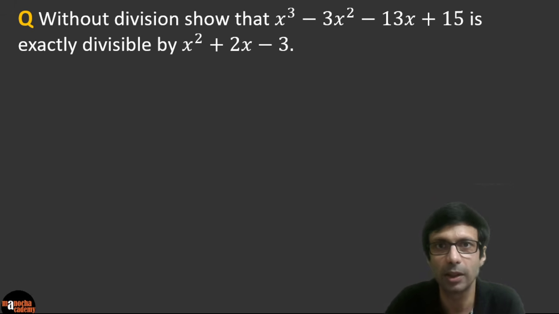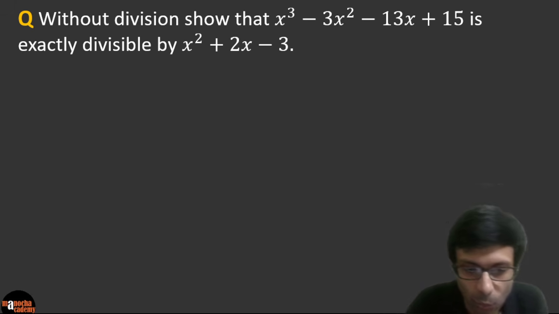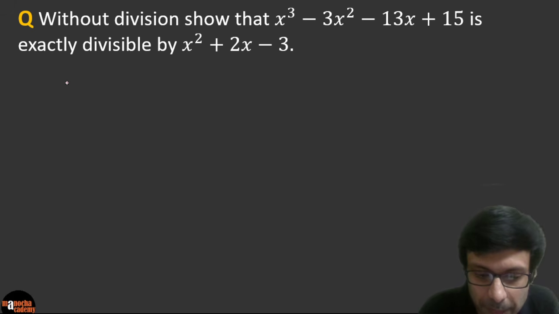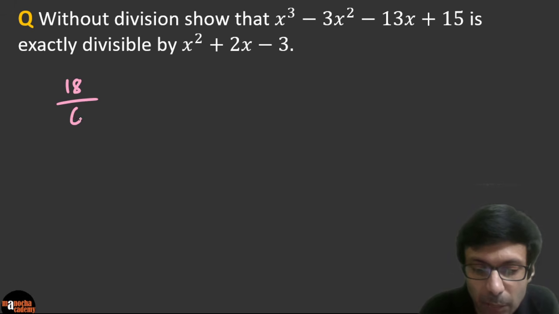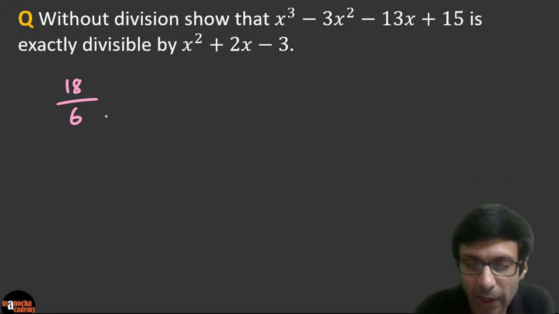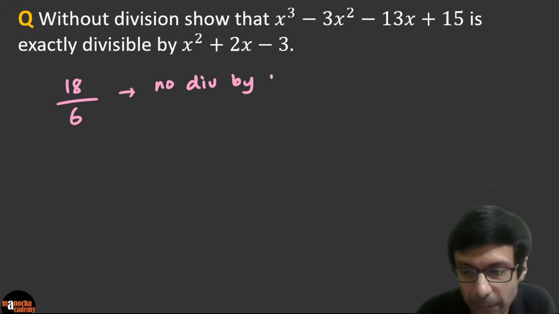So how do you do this without doing the real division? Let's take an example. If we take a number such as 18, we know it's divisible by 6, so we can say it's also divisible by 2 and 3.